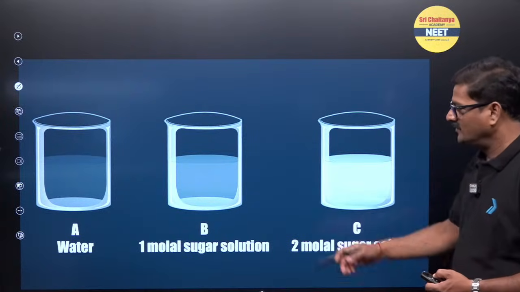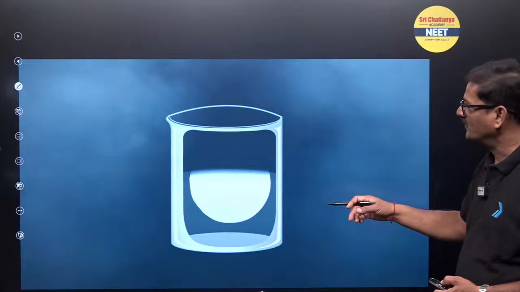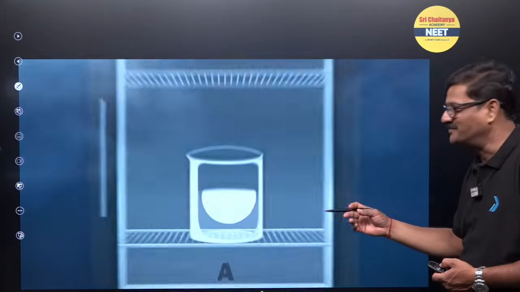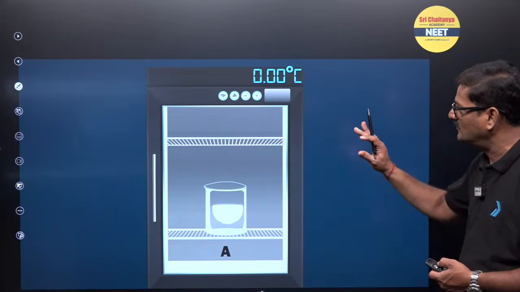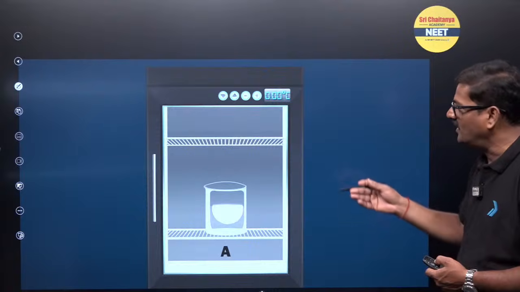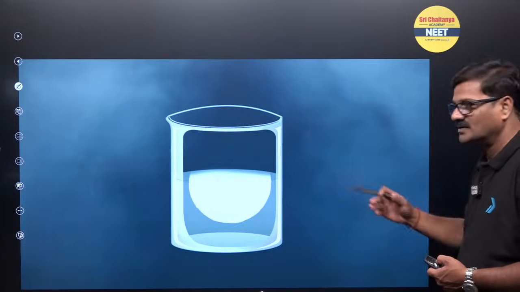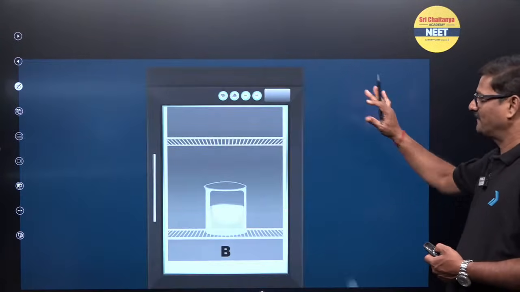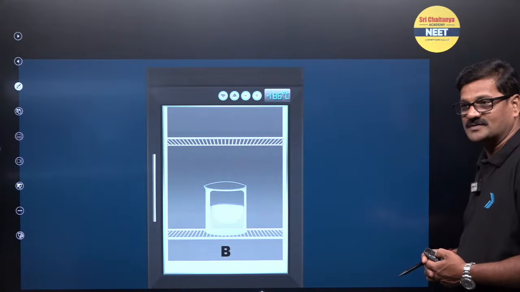Water, 1 molar sugar, and you can see here, nice videos are made for you for better understanding. At 0 degrees, if you add some solute to it, it is going to freeze at a lower temperature. A solution is formed here, and it is self-explanatory, right? And if it is B, it is minus 1.86.